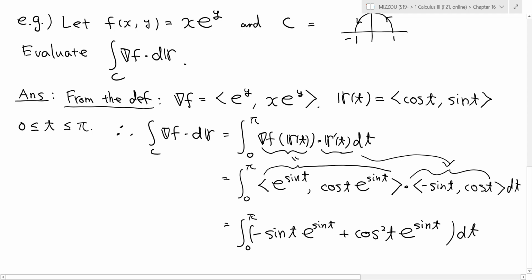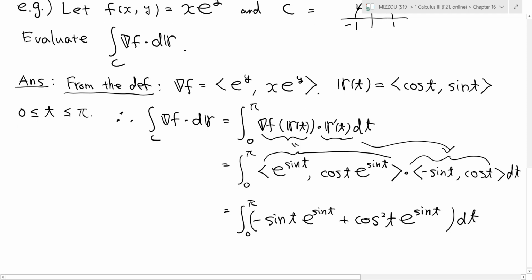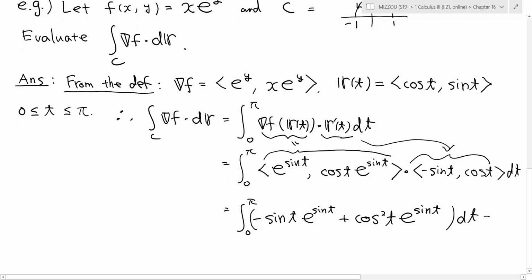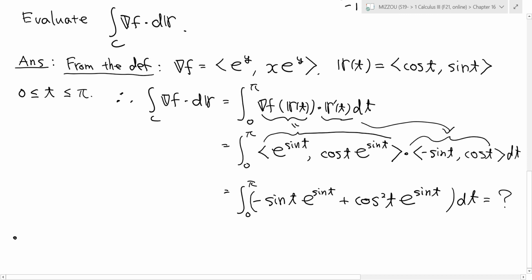In principle you have to work this out, but in practice it doesn't seem to be a good idea. But in principle, you could do that. So this is by using the definition of the line integral. Okay, but it's not a good idea.